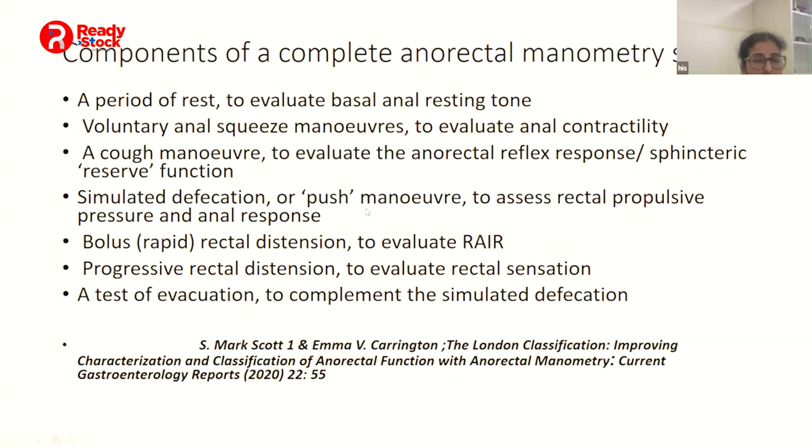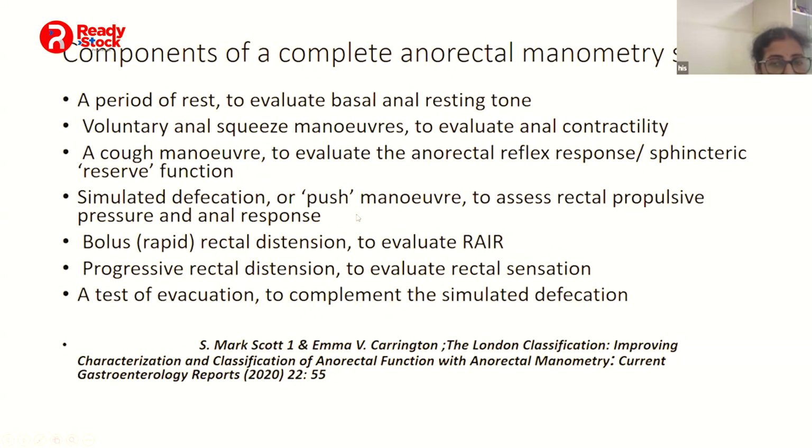Here, I would like to just inform the audience that when a patient is asked to simulate defecation, in about 30% of patients, you will see an adequate rectal push, but you might look at the paradoxical contraction of the anal sphincter. Please do not make a diagnosis of dyssynergic defecation.